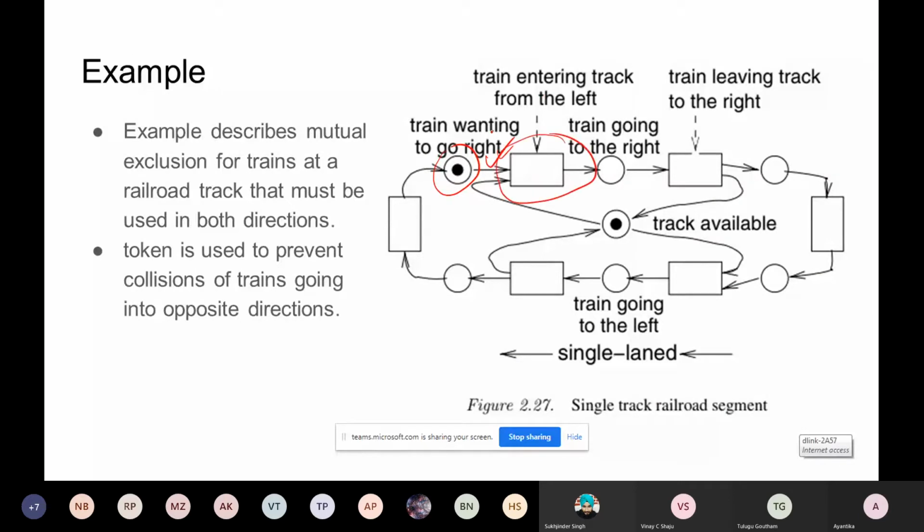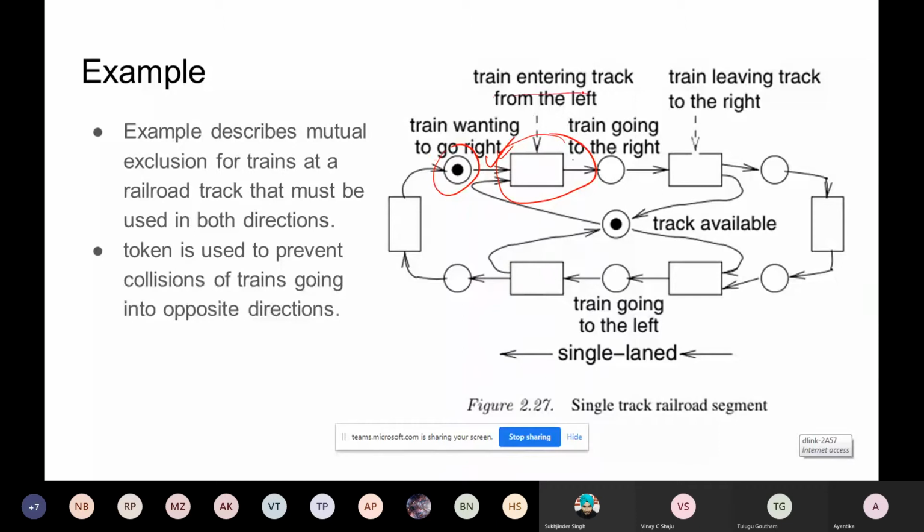What does it mean? You can think about a place handling one token. That token, this place, you can consider as a state. This token goes through different transitions based on some event. So this is a state where a train wants to go to the right.